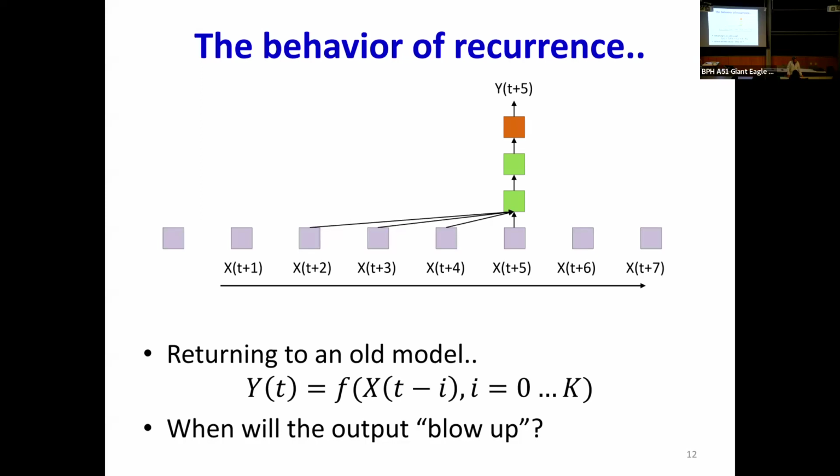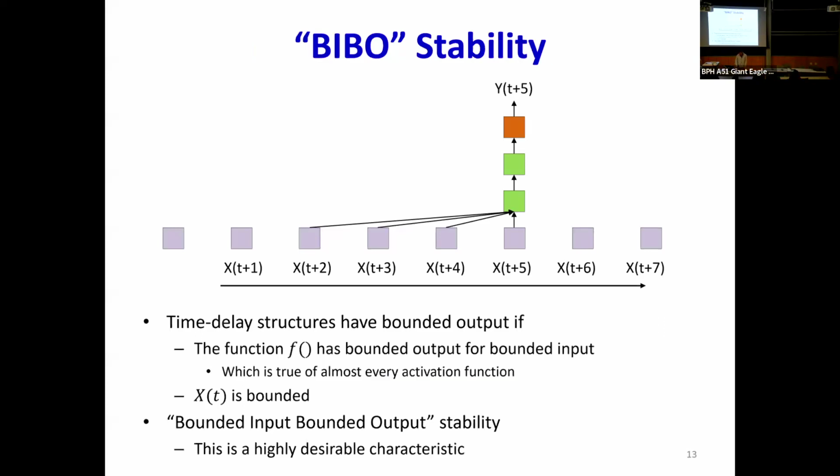So that output is bounded, and the same logic applies to every neuron downstream. The output is going to be bounded, which means for bounded inputs, the output is bounded. This network is what is called BIBO-stable. It's bounded input, bounded output. This is a term that often comes up in the analysis of recurrent models. It's a highly desirable characteristic.